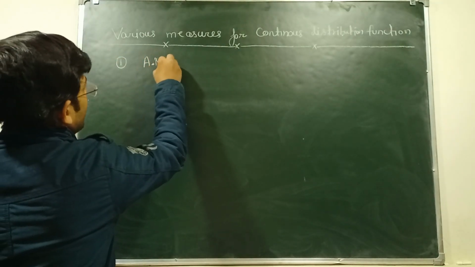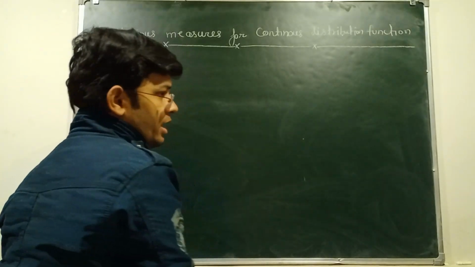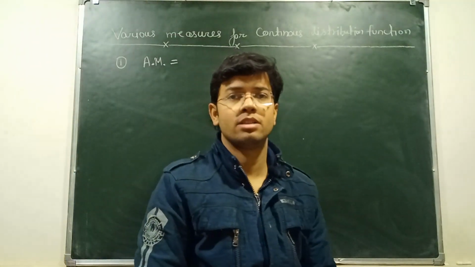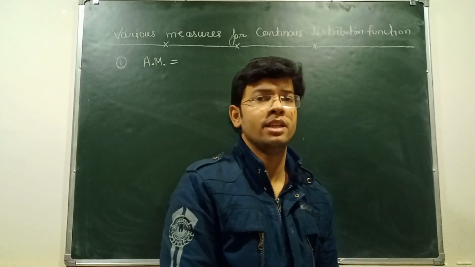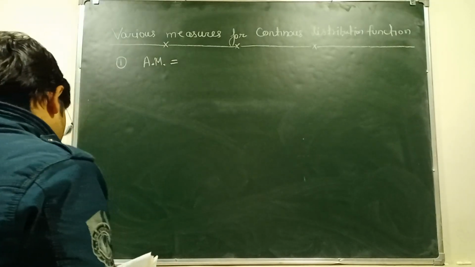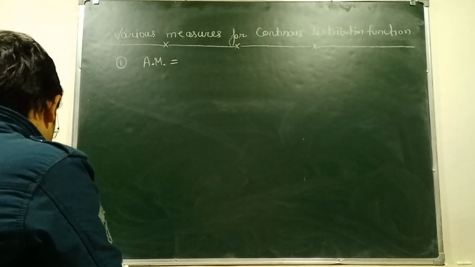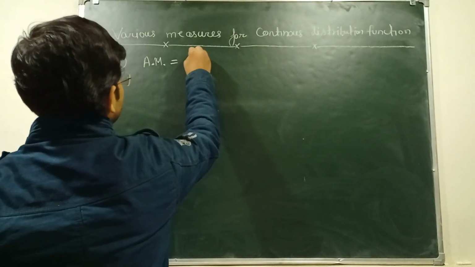If we want to find the value of the arithmetic mean, how do we find it? The formula of the arithmetic mean in the continuous distribution is very simple.